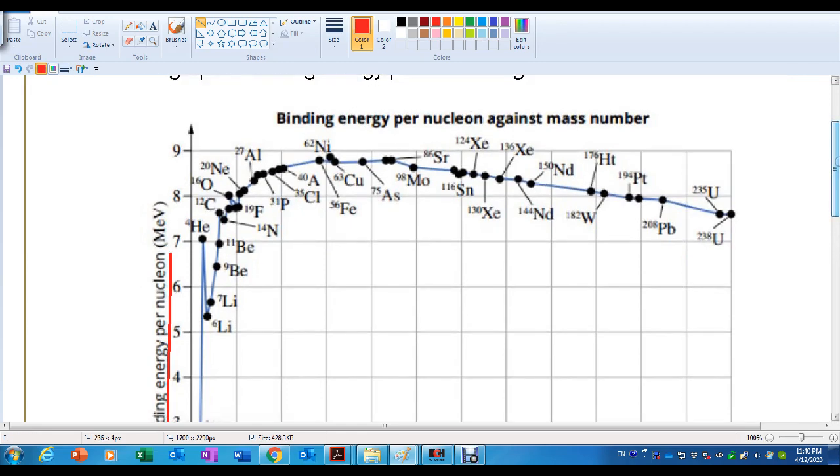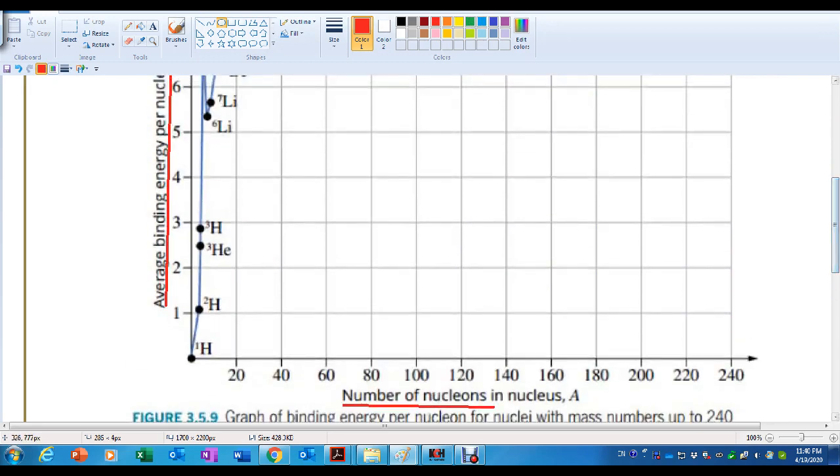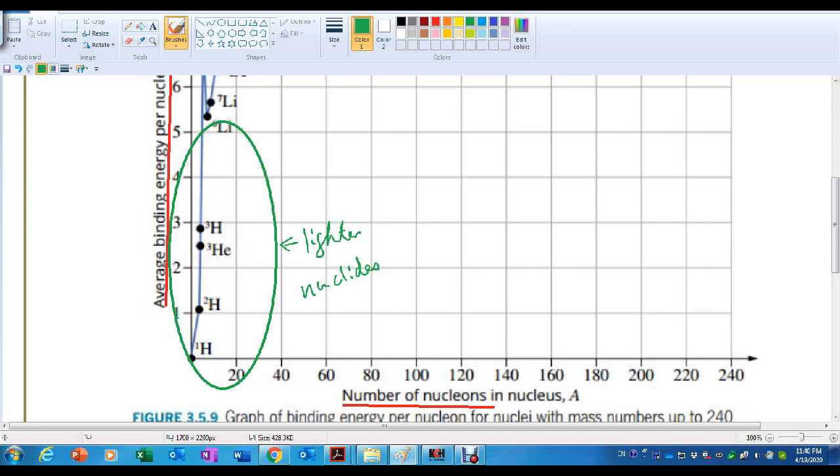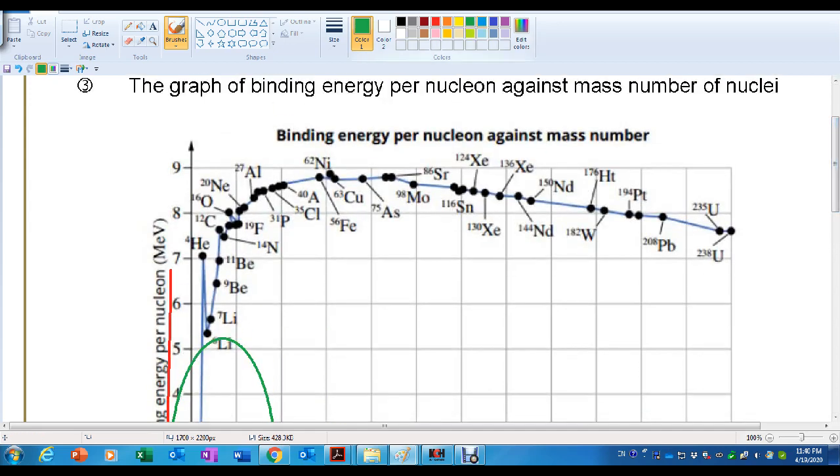So we could see there are three groups of them. For this group, these are what we call lighter nuclides, right? And for this group, what we call heavier nuclides.